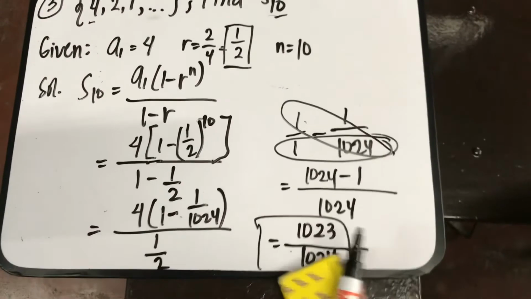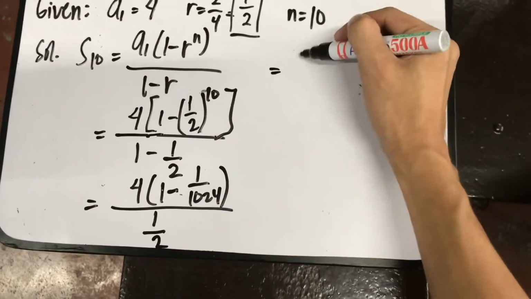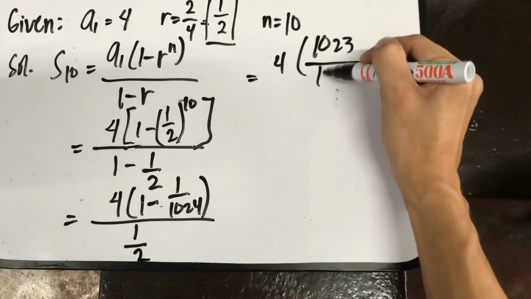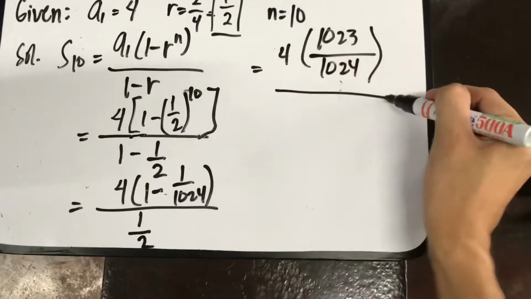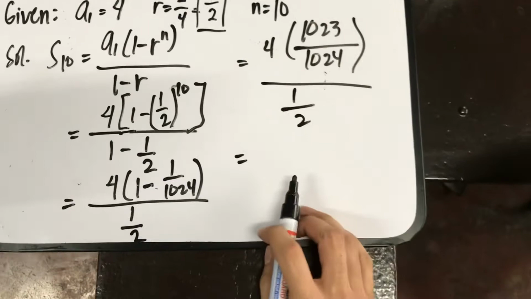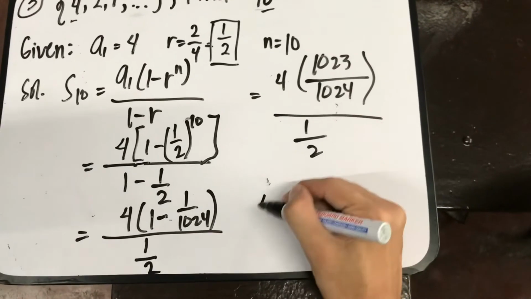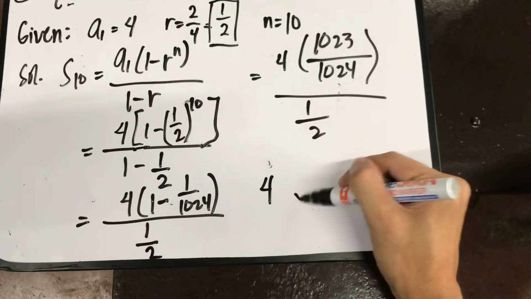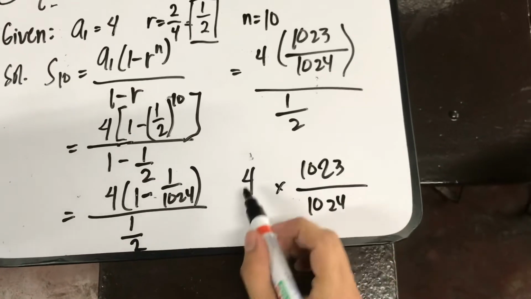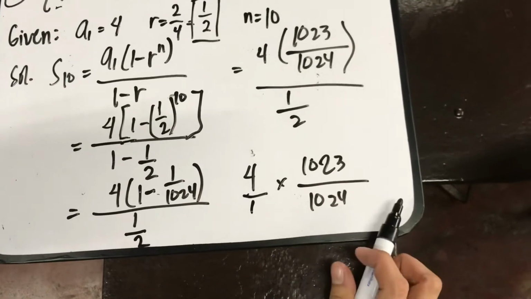Burahin ko at palitan natin. So, we have 4 times 1023 over 1024, over 1/2. Now, let's multiply 4 times 1023 over 1024. So, gawin natin tong fraction si 4 by putting 1 on our denominator.